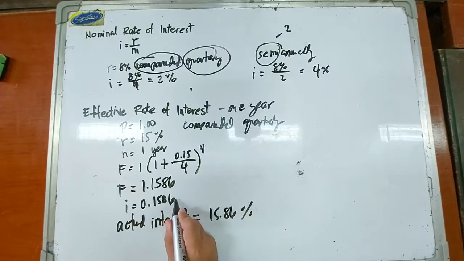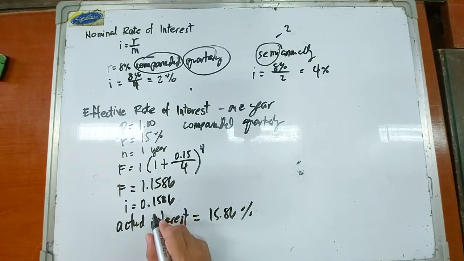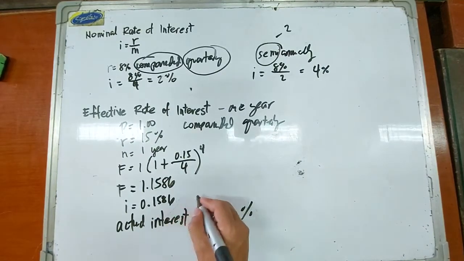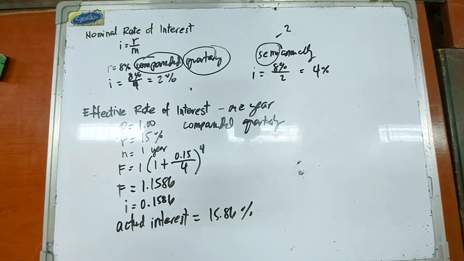So since ito yung na-earn niya, yung 1 peso ko, ang na-earn niya is 0.1586 times 100%. Ang actual interest natin, or we call it the effective rate of interest, is 15.86%.